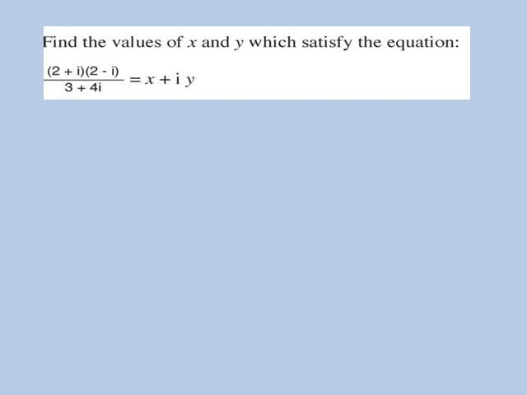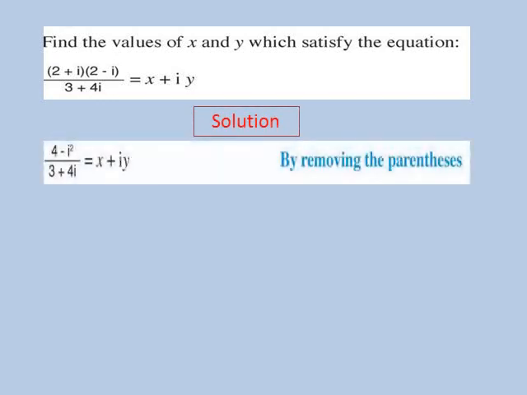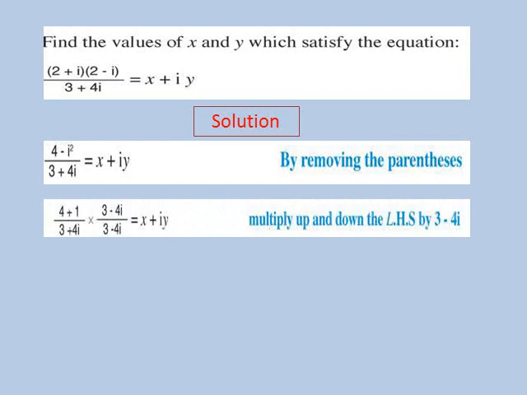How can I simplify it? First, I will make a multiplication for two numbers, and they are two conjugate numbers. So it will be the square of the real part plus the square of the imaginary part. It will give us 5 over 3 plus 4i. How can I make the denominator disappear?